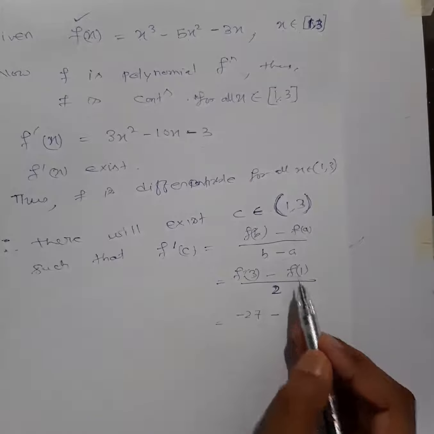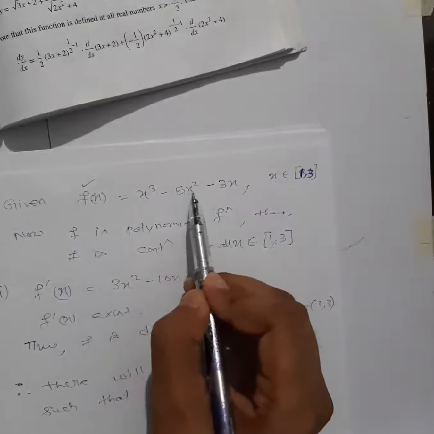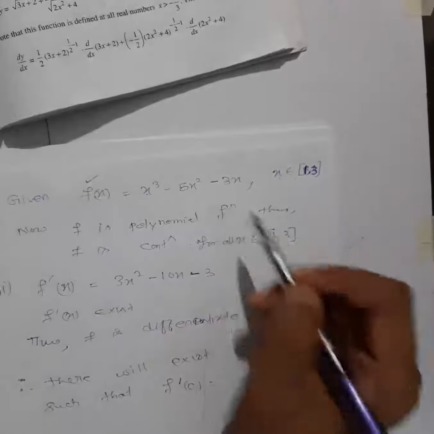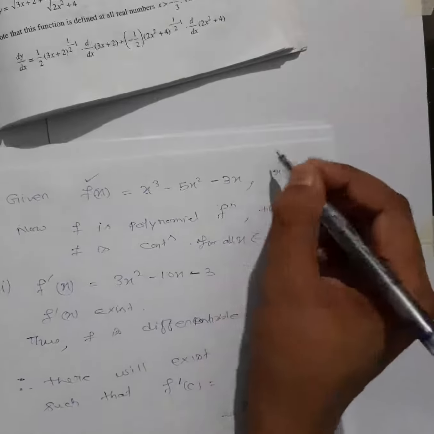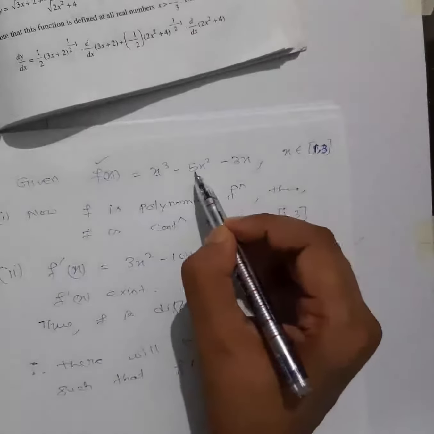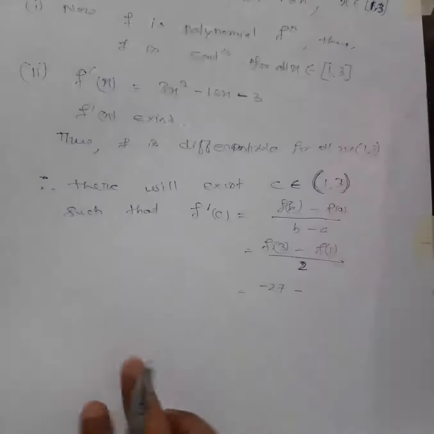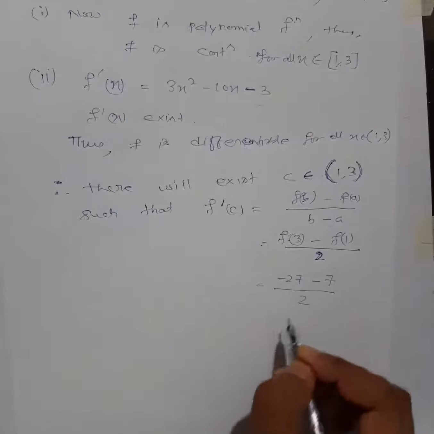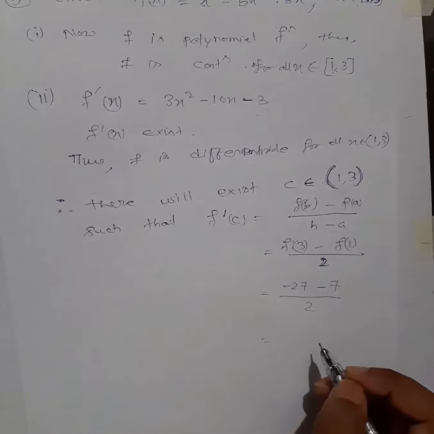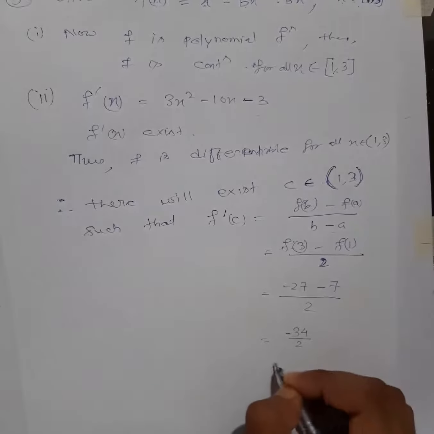And if you solve f of 1, if I put 1 here, 1 here, 1 here, what you will get? 1 minus 5 minus 3. So 1 minus 5 is minus 4, and minus 3 is minus 7. So minus 27 minus minus 7, by 2. I hope it's correct. Minus minus will be plus, right? So it will be minus 20 by 2.